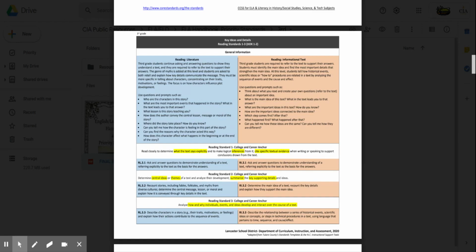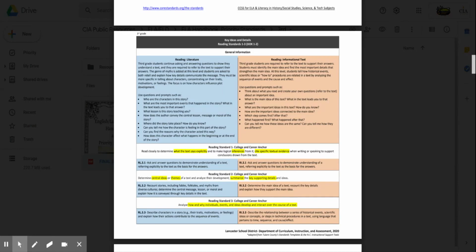So I'd like to highlight reading standard 2, all right? The anchor standard says determine central ideas or themes of a text and analyze their development, summarize the key supporting details and ideas, okay? So this is what our students should be able to do by the time they graduate.